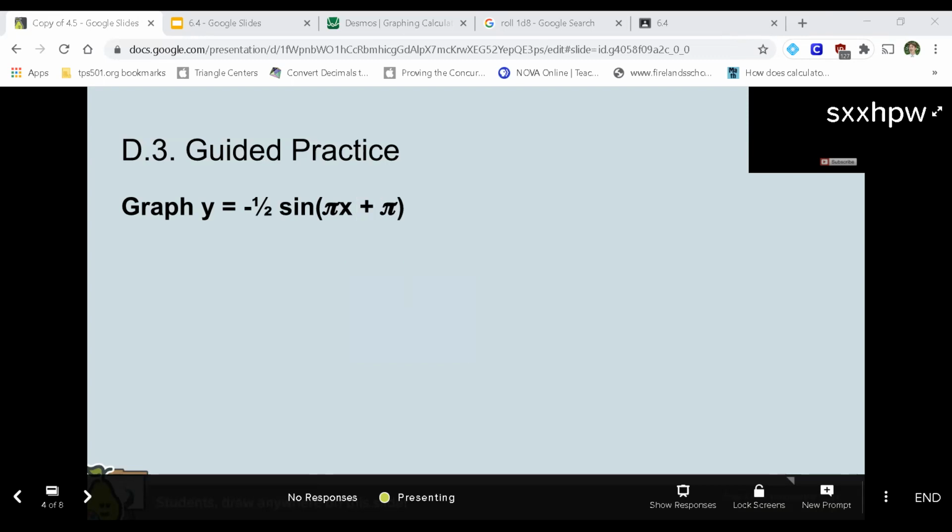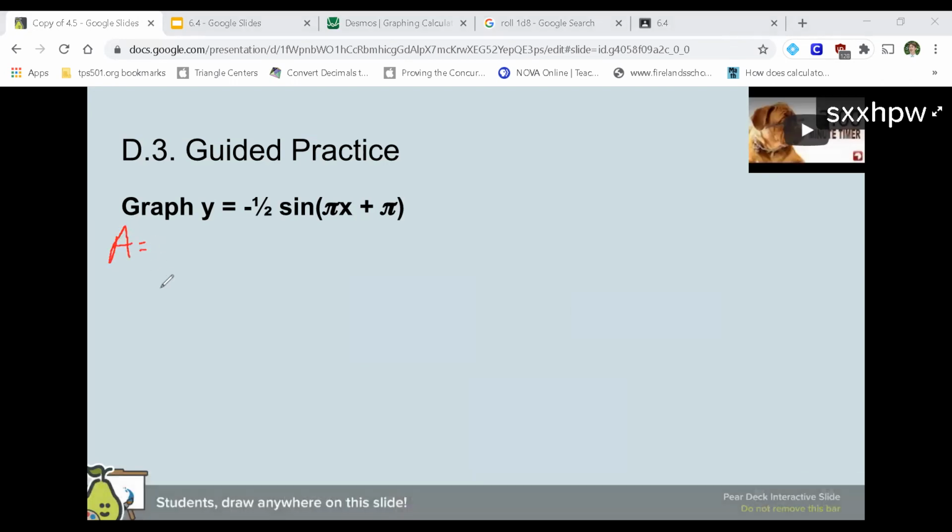Okay, let us go over this. So, can anyone tell me what the A value does? It's the amplitude.